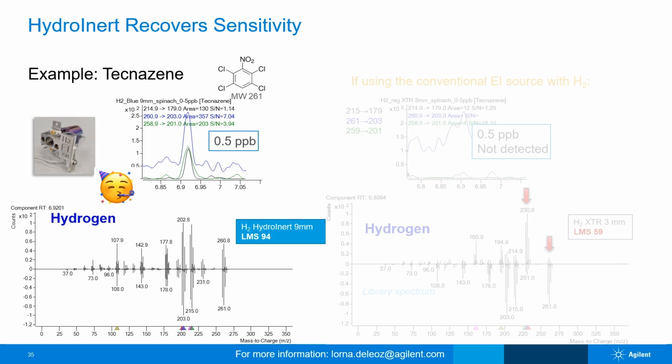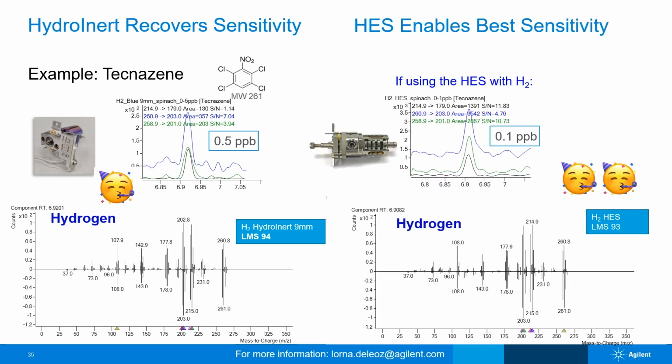The library match score is 94, unlike in the extractor source, which was 59. And sensitivity is sufficient to measure technazine at 0.5 ppb. Problem solved. So if you're using hydrogen carrier gas, switch to the hydro-inert source and recover the sensitivity that was lost as a result of the undesirable in-source reactions.